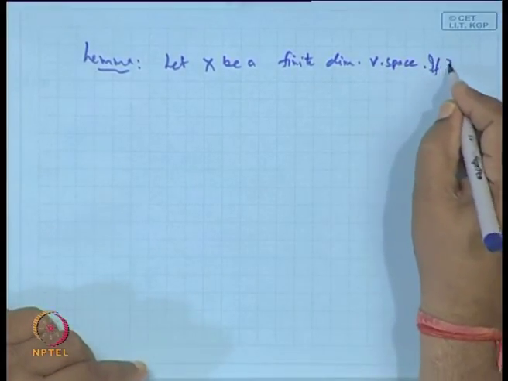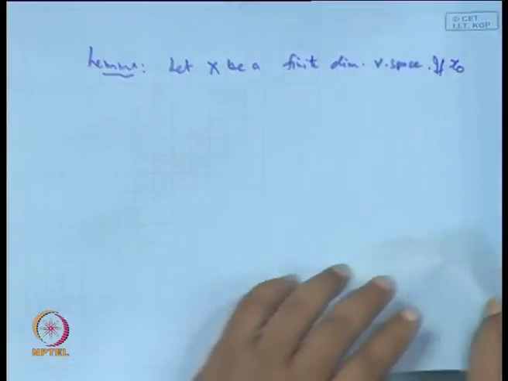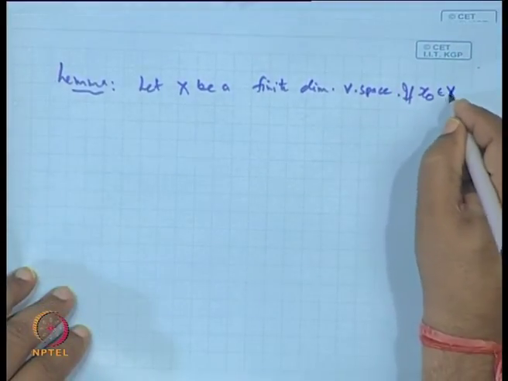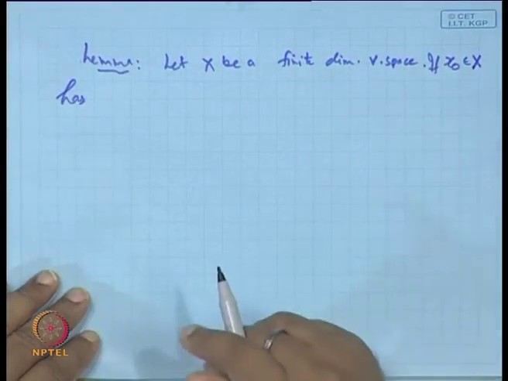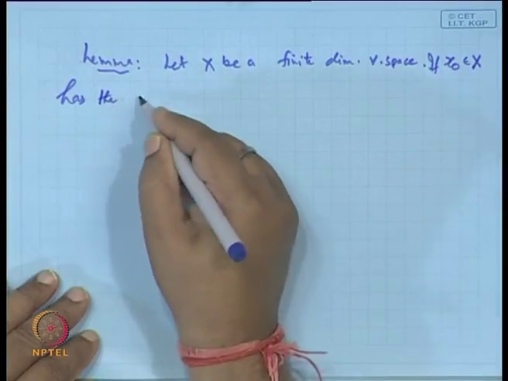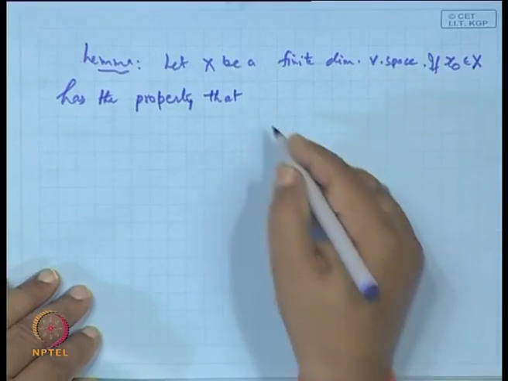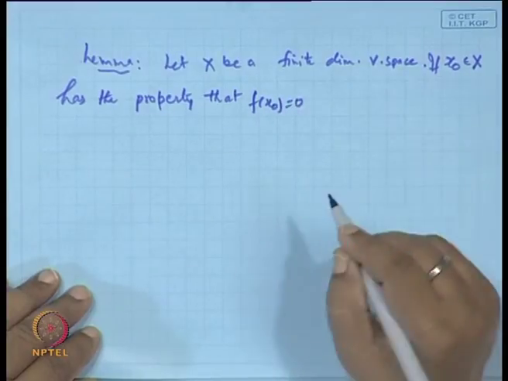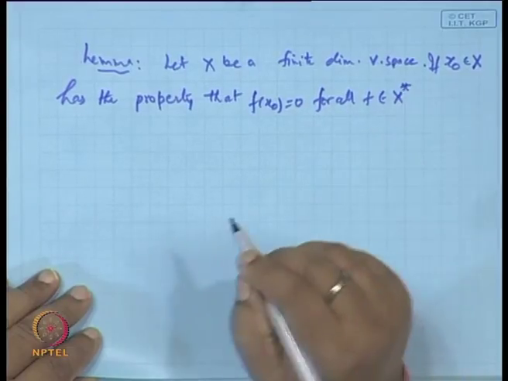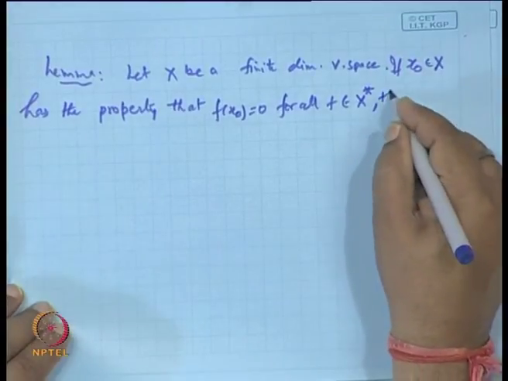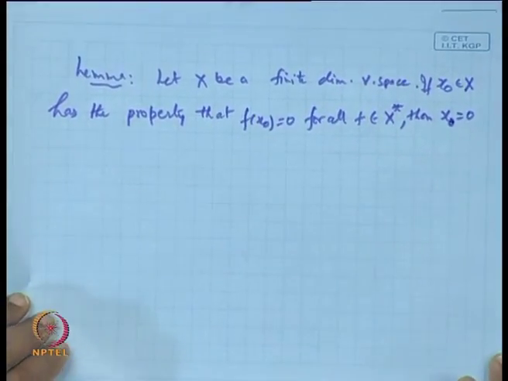If x naught belongs to capital X has the property that f of x naught is 0 for all f belonging to x star, then x naught must be 0.